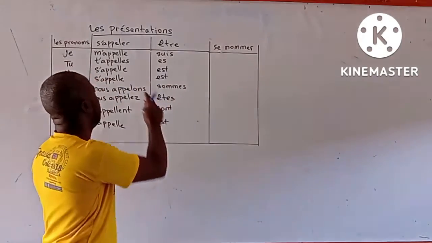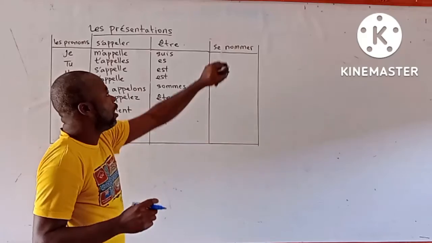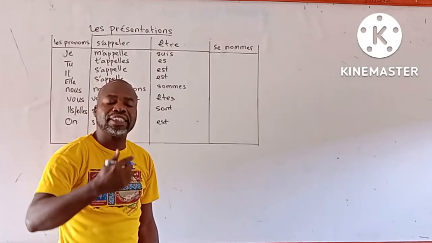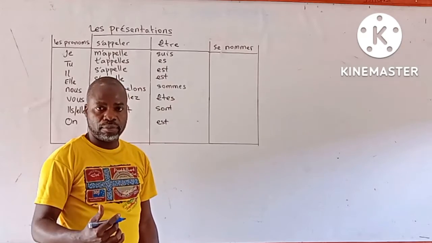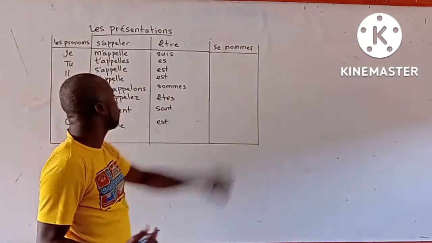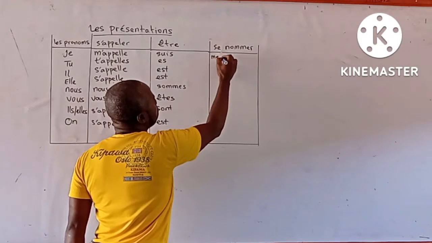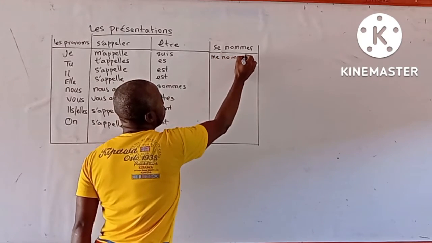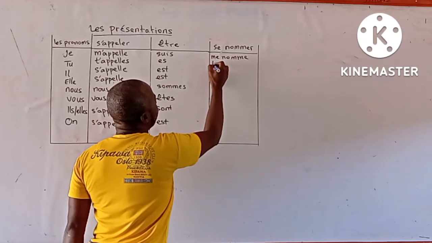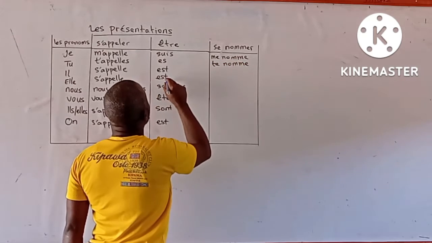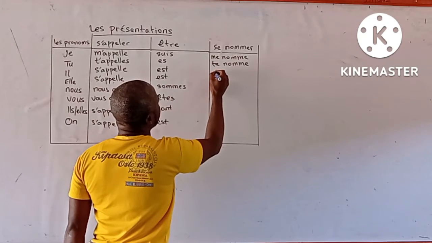Se nommer. Like this one. Se nommer is also used here as a reflexive verb because of se. So we are going to have je me nomme. This is advanced. Tu te nommes. Il se nomme.